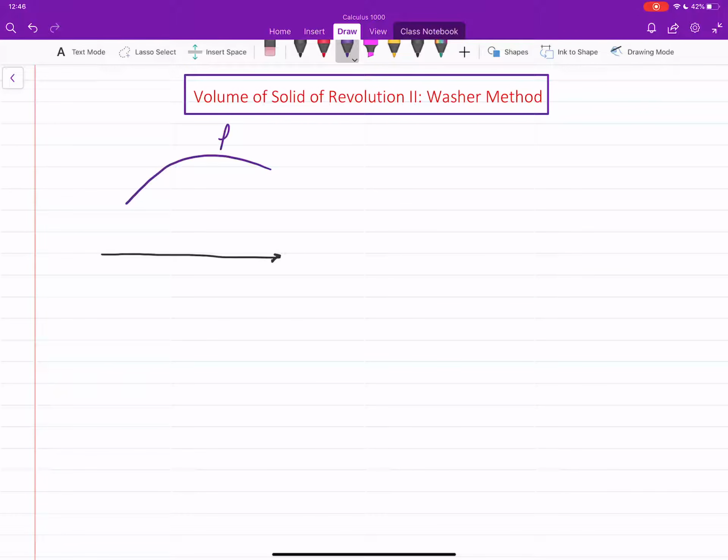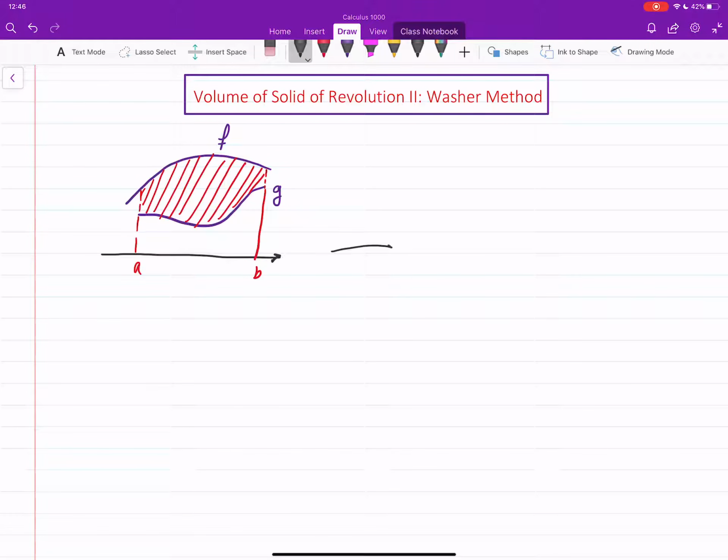Let me say f and g on the interval a and b.